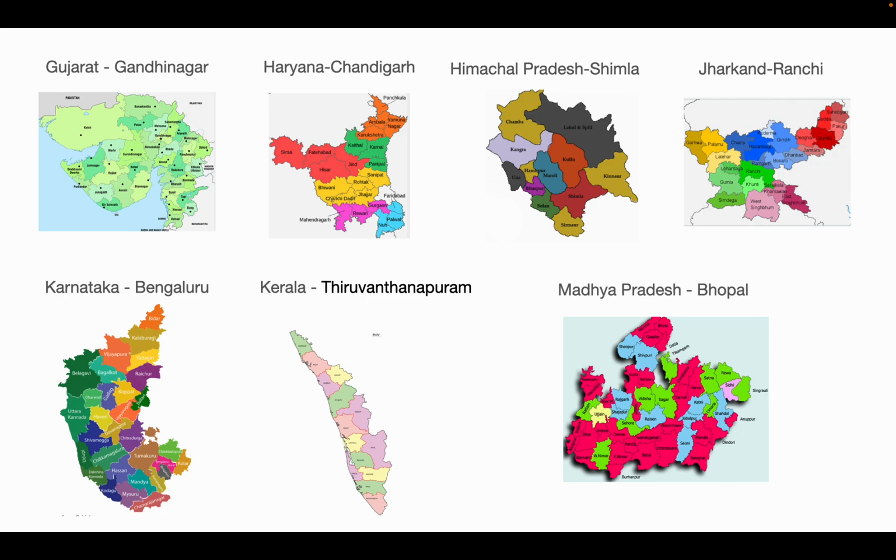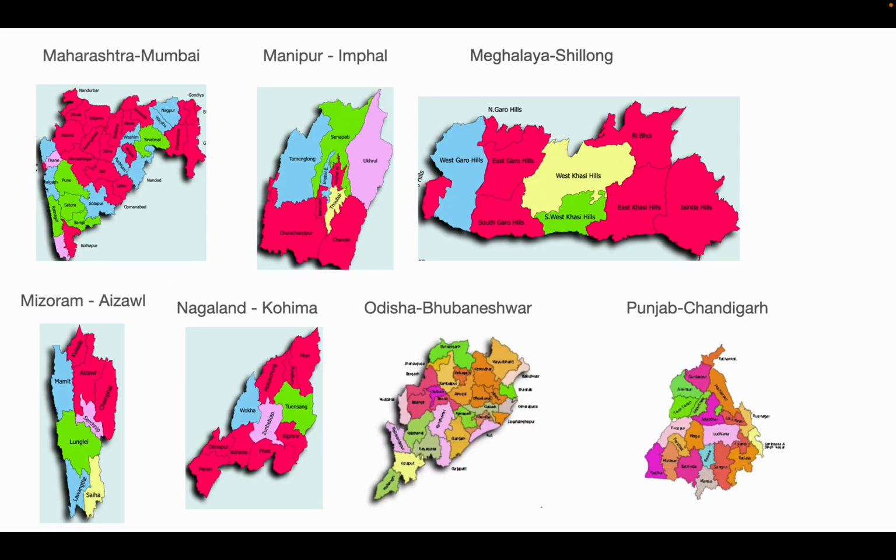Karnataka's state capital is Bengaluru. For Kerala, it's Tiruvananthapuram. Madhya Pradesh, Bhopal. Maharashtra, Mumbai. It's also called the financial capital of India. Manipur, Imphal. Meghalaya, Shillong. Mizoram, Aizawl.